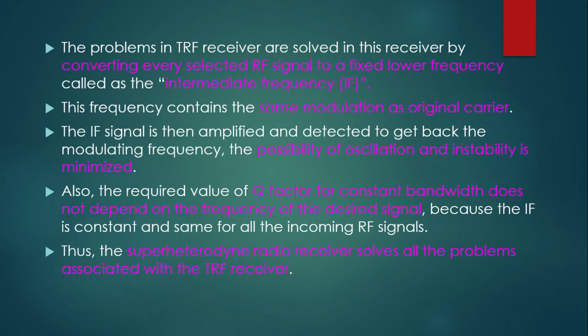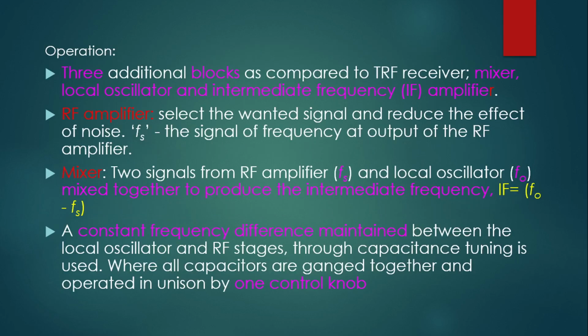Now let us look at the operation. As we have seen in the block diagram, there are 3 additional blocks as compared to TRF receiver, and those are the mixer, to which on the lower side is connected the local oscillator, and after the mixer the amplifier, called the IF amplifier, that means intermediate frequency amplifier.